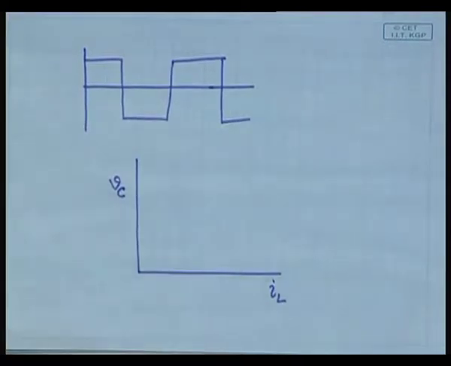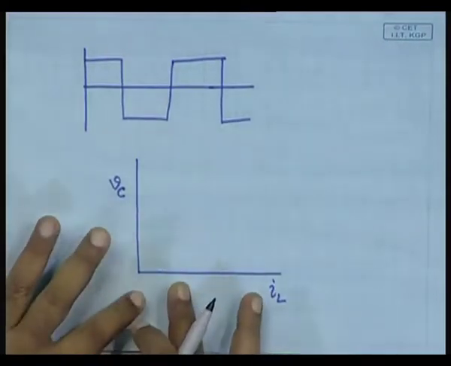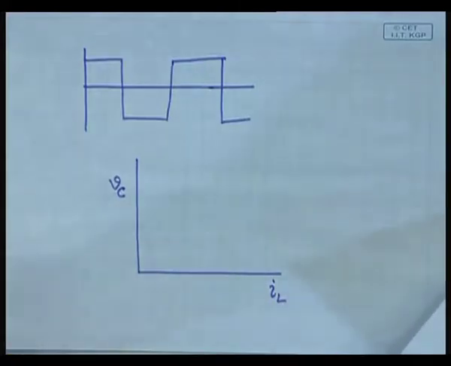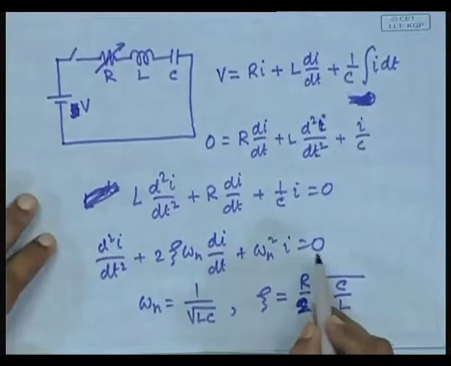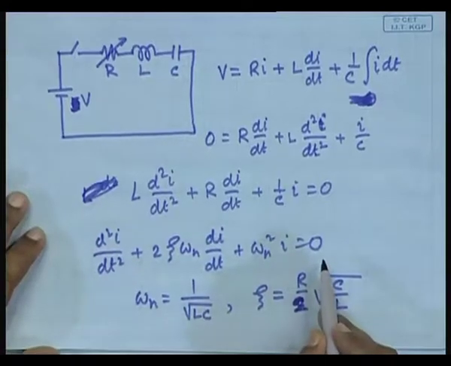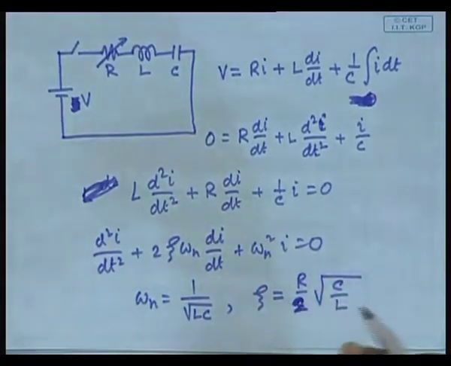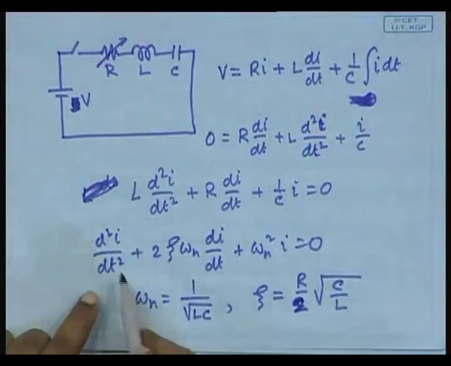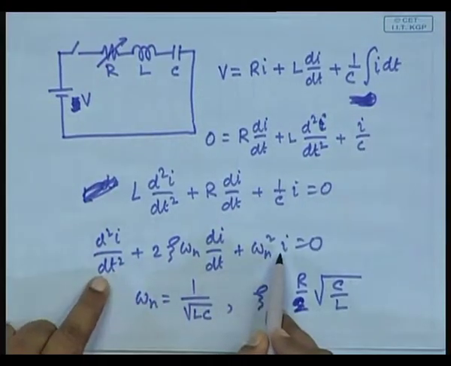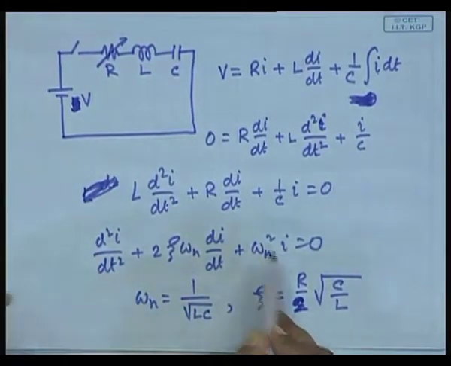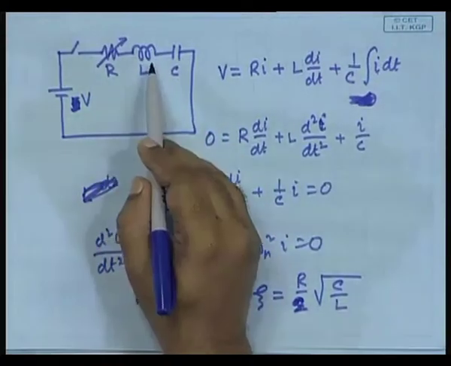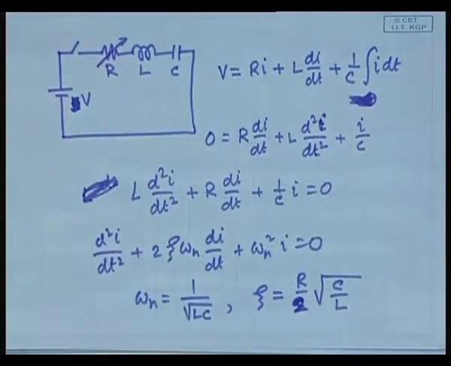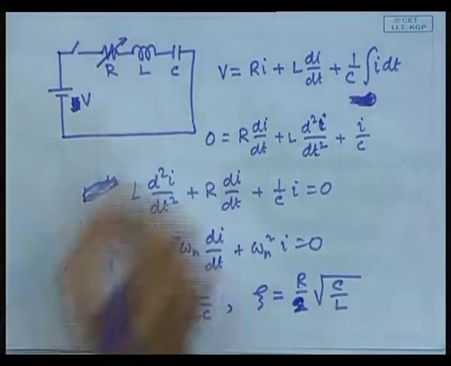And then as you obtain the equations, one thing I forgot to deal with. Suppose you have an oscillatory solution or an overdamped solution, whatever it is, this is the solution of the I variable. What about the voltages, say VL or VC? What is VL?